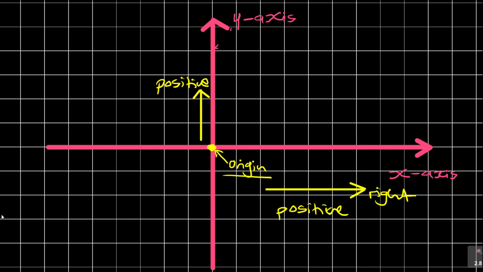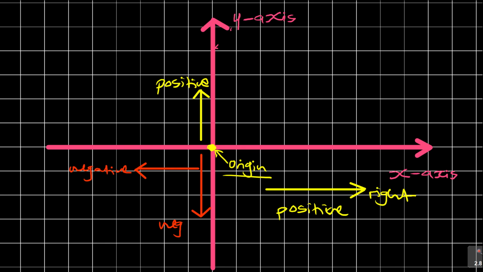And then the opposite is true. From the origin going to the left, it is negative. And from the origin going down, you are also looking at something that is negative.